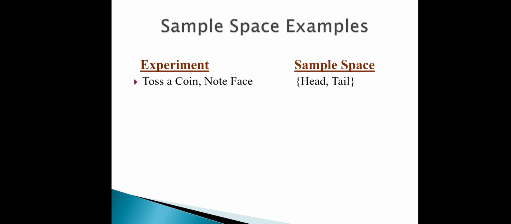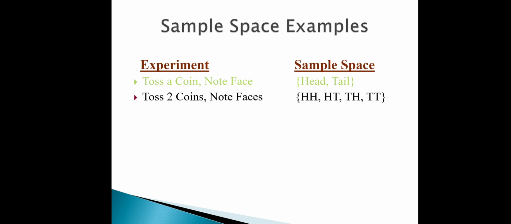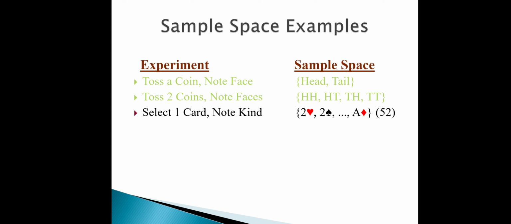Sample space examples. Experiment: toss a coin, note the face; sample space is {H, T}. Toss two coins, note the faces: HH, HT, TH, TT.